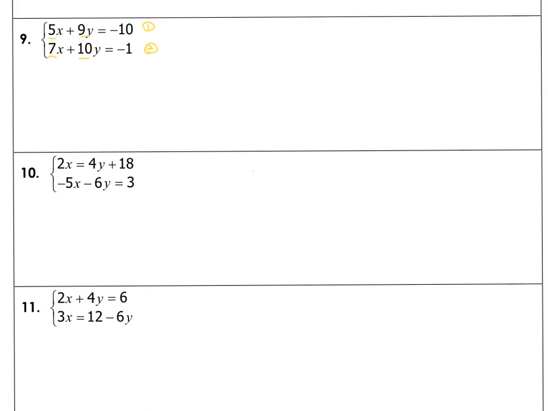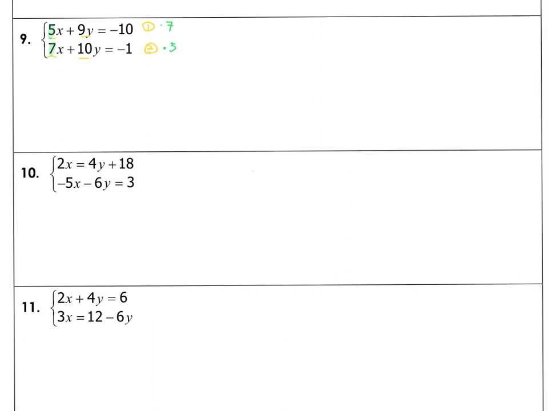Probably the easiest thing to do, especially when the number is small, is to multiply the second equation by 5. 7 times 5, I would have 35. And then the first equation, I multiply that by 7. So I crisscross it basically, and then I would have 35 too.